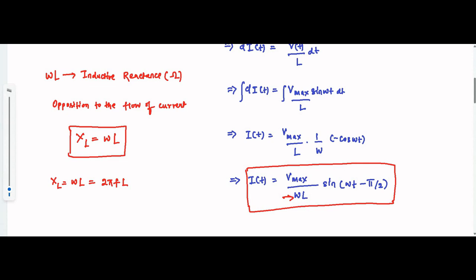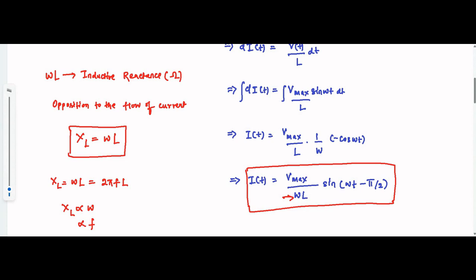So you can see that the inductive reactance is directly proportional to the angular frequency or the frequency in hertz. As the frequency is higher, the inductive reactance will be higher, and if the frequency is lower, then the inductive reactance will be lower. This is the concept.